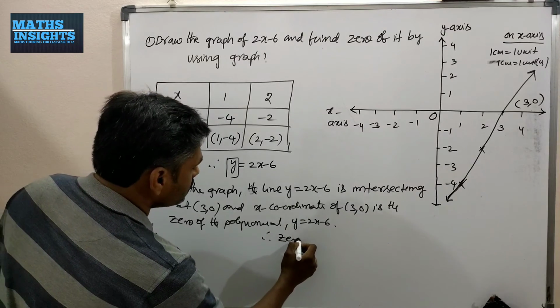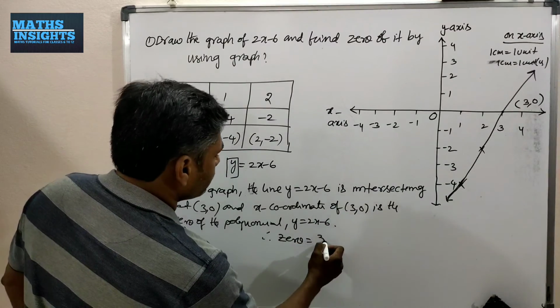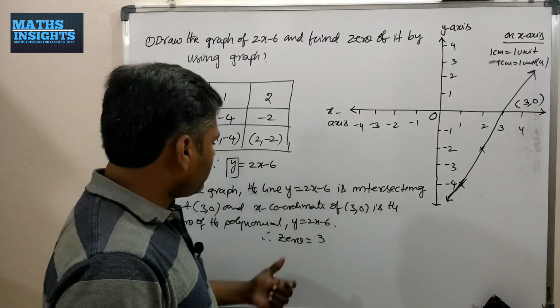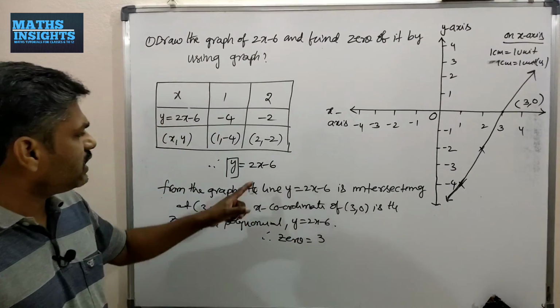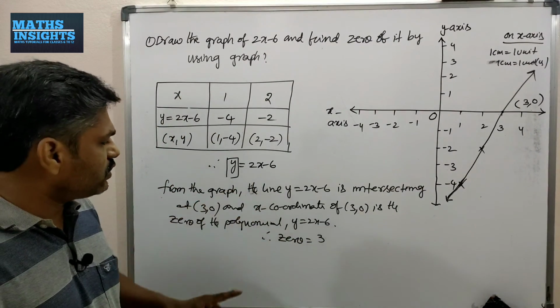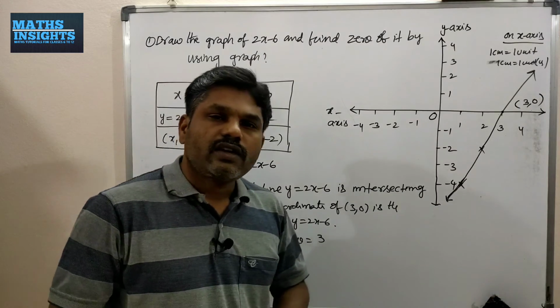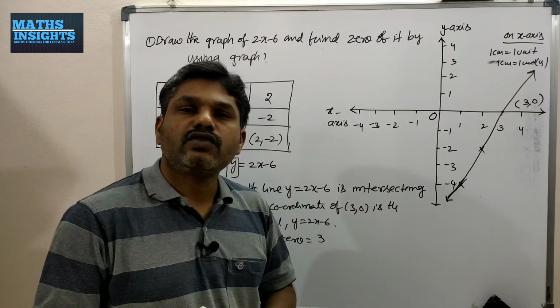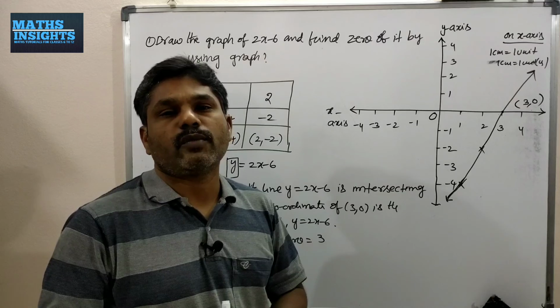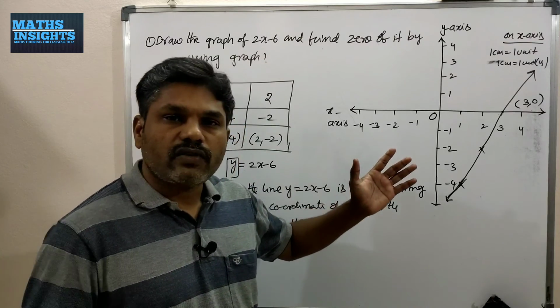Therefore the zero is equal to 3. You may verify it by substituting x equal to 3 in this, and you will get 0. In this way you can find the zeros of any linear polynomial by using a graph.